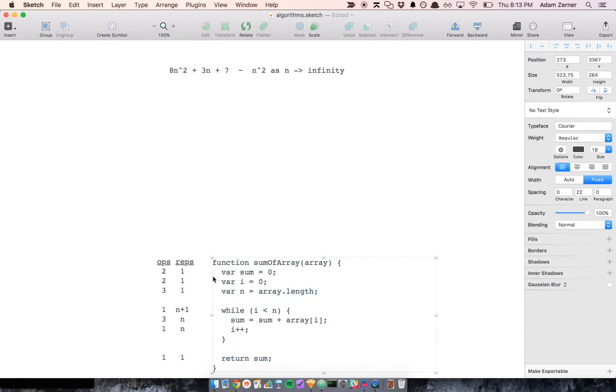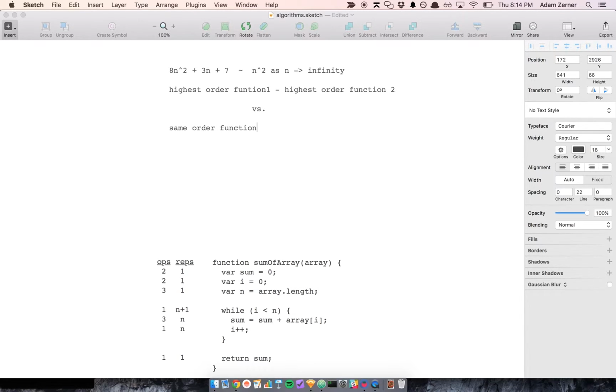So let me put it this way. If we take the difference between the highest order function 1 and highest order function 2, versus the difference between same order function 1 and same order function 2 with different coefficients, let's say coefficients a and b, as the domain gets to be large, as n gets to be large, the difference between these guys is always going to be a lot bigger than the difference between these guys.